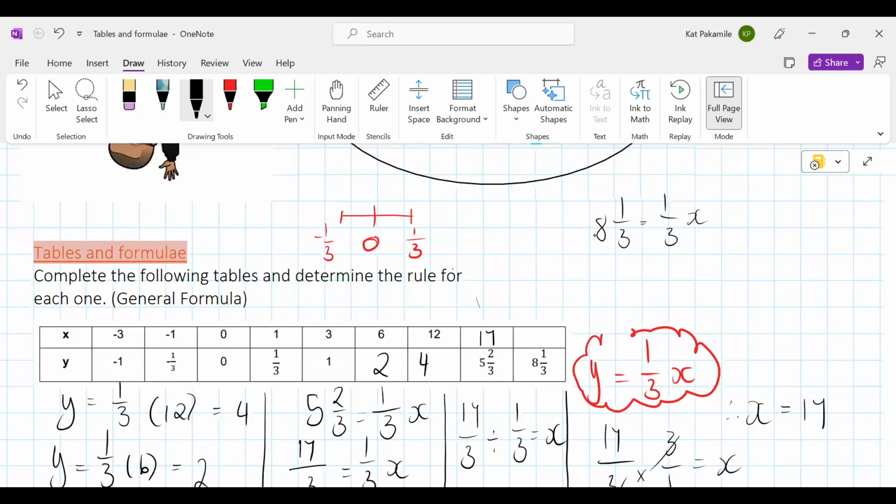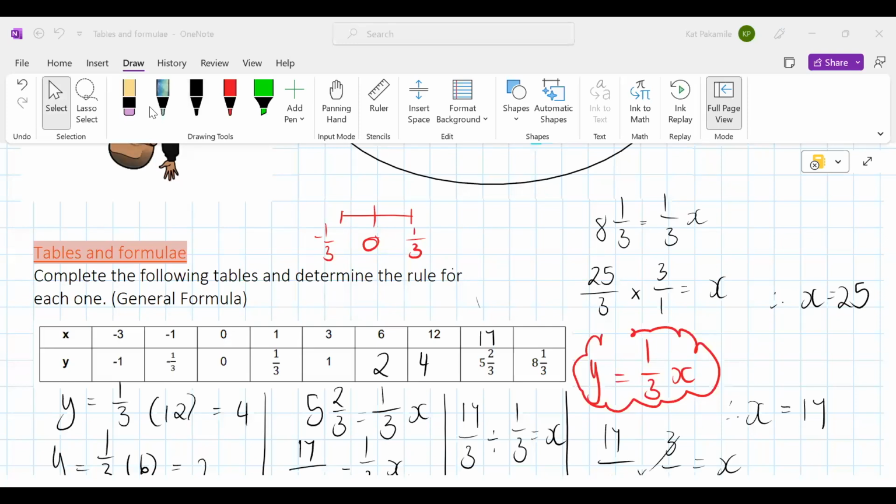So it's going to be 8, 16, 25 over 3 times 3 over 1 is equal to x. Therefore, x is 25. If you follow the same steps I did in the previous one, you will get 25. There we go. Beautiful. I think you forgot to add 2, Kamugelo and Karabo. It's okay.